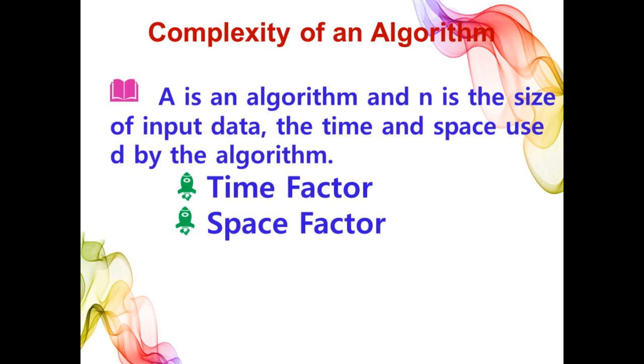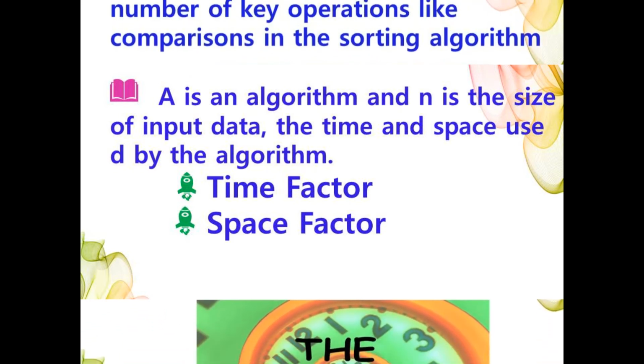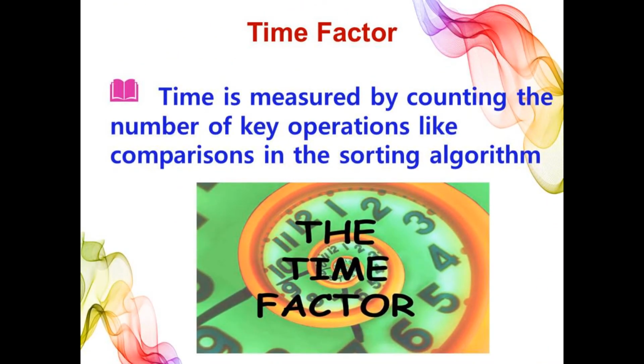The time and space used by the algorithm are defined by two factors, that is the time factor and the space factor. The time factor is measured by the number of key operations, like comparisons in a sorting algorithm.